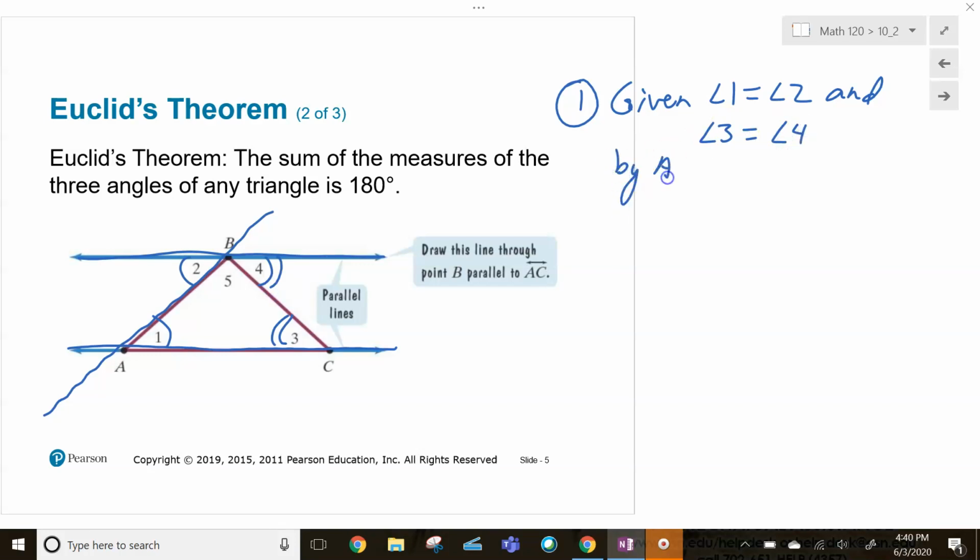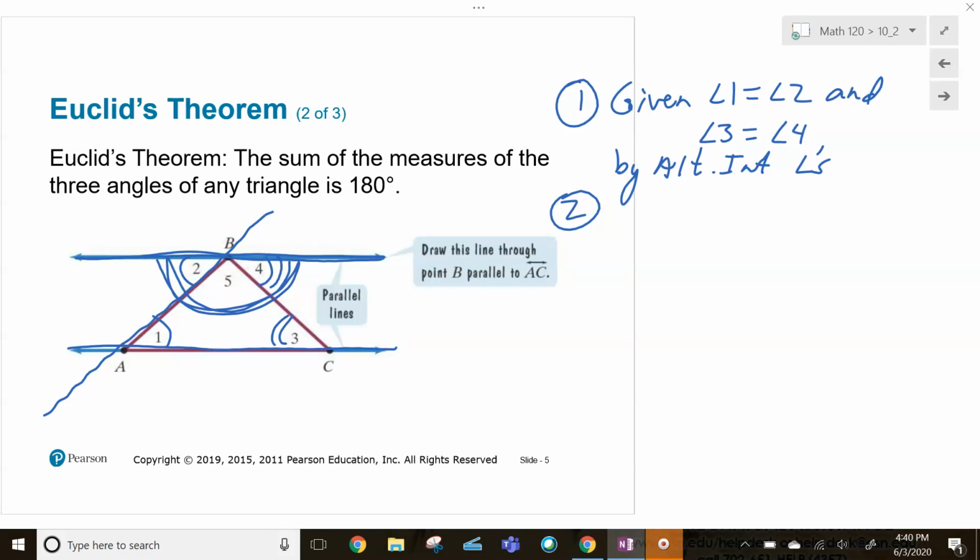Now, look at angles 2, 5, and 4. See how they're on that straight angle there?